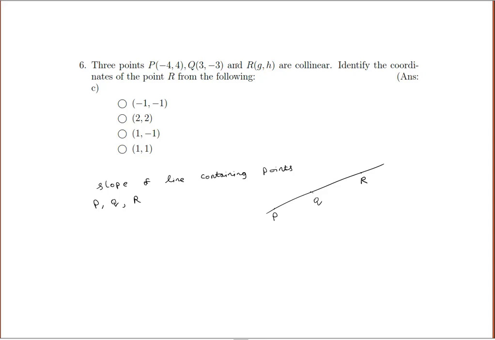Then we can form an equation in G and H. Then we'll try to find the values of G and H. So that will be the approach for this question.